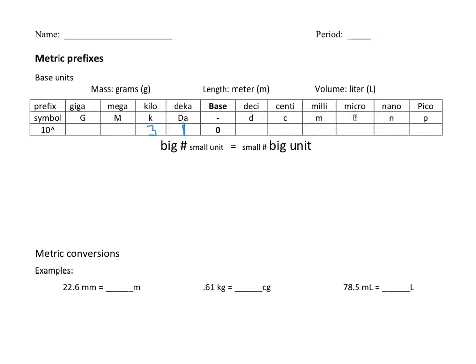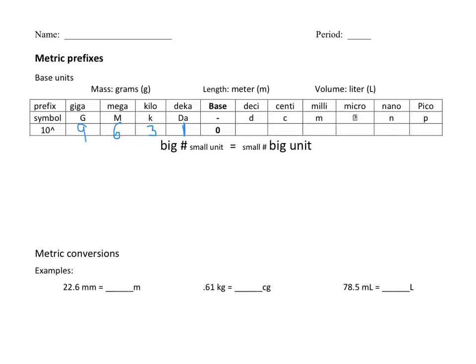Mega is 10 to the 6, so that's a million. So a megameter is 1,000,000 meters. And then giga is 10 to the 9th, and so a billion. So a gigameter would be 1,000,000,000 meters.